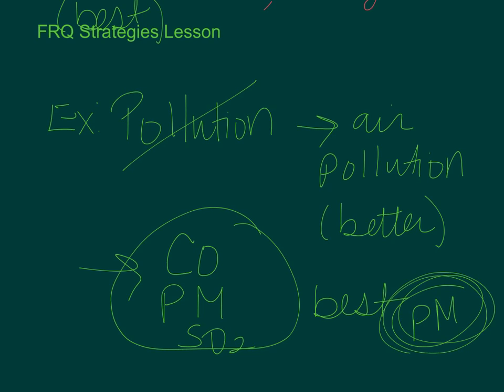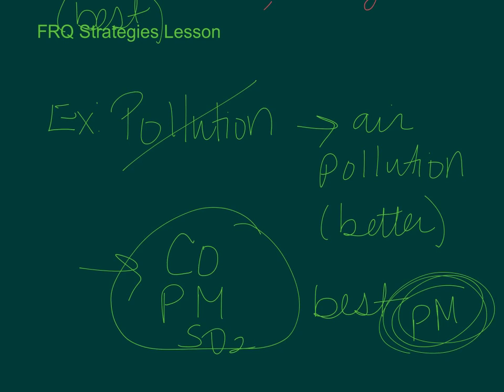Particulate matter works for almost every type of air pollutant, whether it's coal or gas or natural gas or oil or even burning wood biomass. They're all going to produce particulate matter. So if you cannot remember which air pollutant goes with which item, then throw in particulate matter.